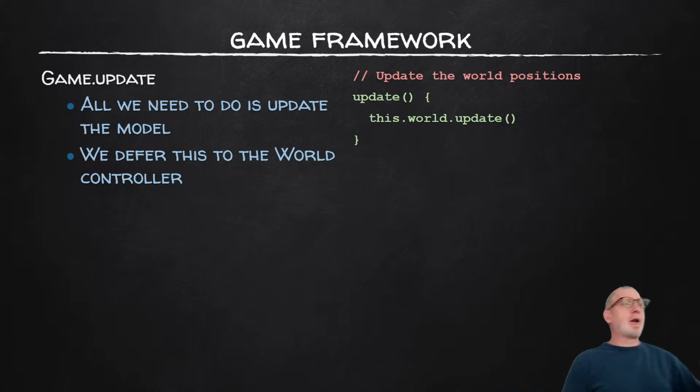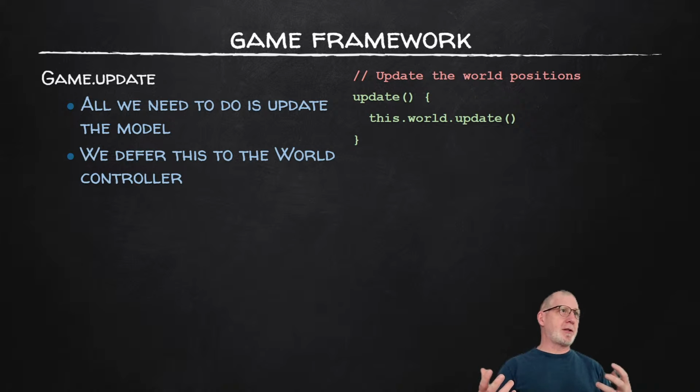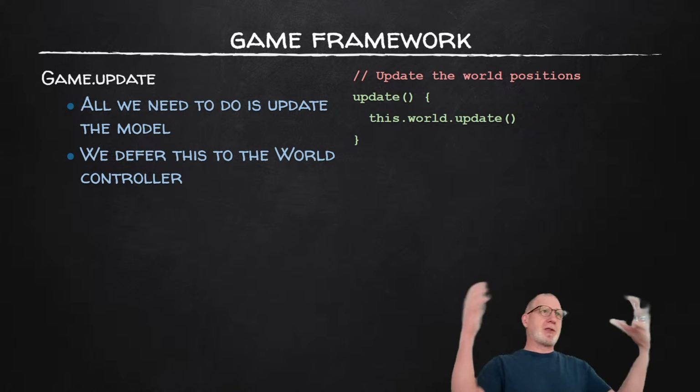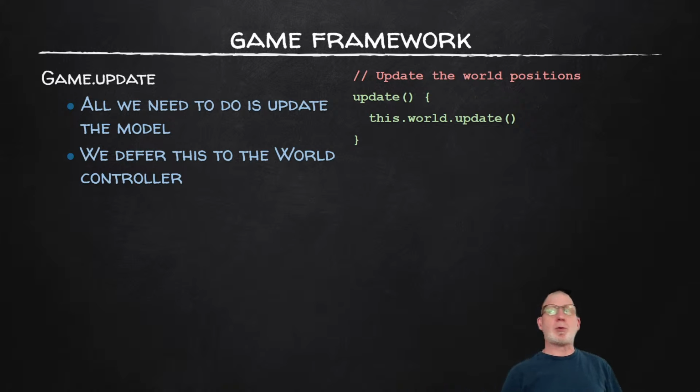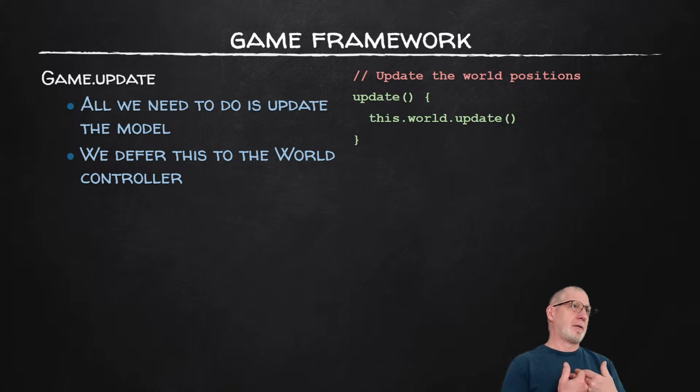What the model part does, what the physics engine does, is it manages those forces. It manages all of those entities we create, which we call rigid bodies. And all of those rigid bodies, sooner or later, do fun stuff. They collide with each other.